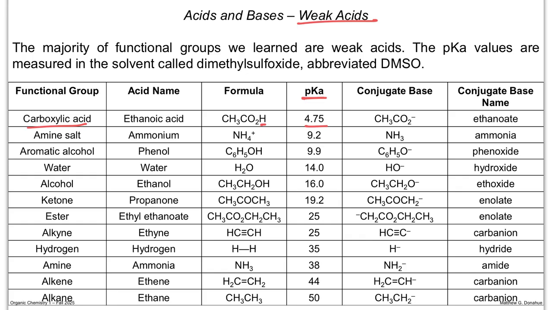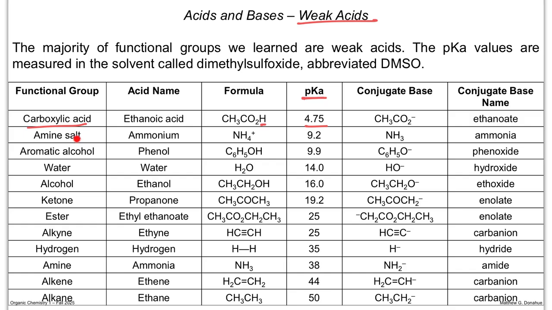I'll run through a detail or two for each of these, not too much. Moving down, now we're up to about 10. Notice this one, it's an amine salt. The example I've given is protonated ammonia, NH4, and that's plus.